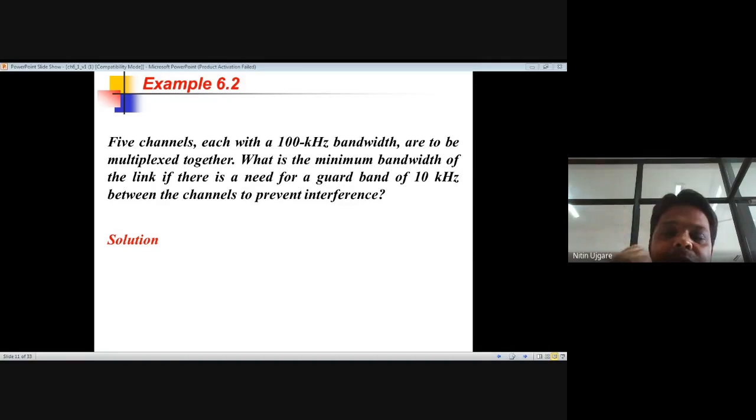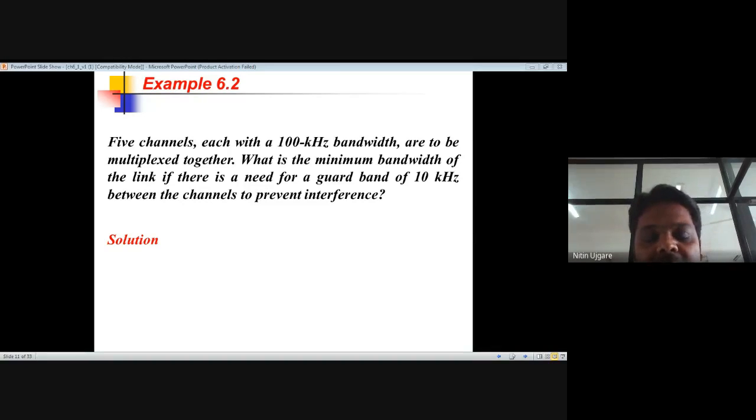So that means for 5 channels, how much bandwidth do we need? Type in the chat box. Yes, right. So for 5 channels, we need 500 kilohertz bandwidth.